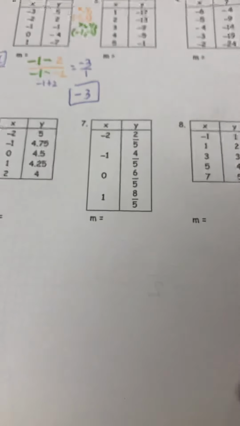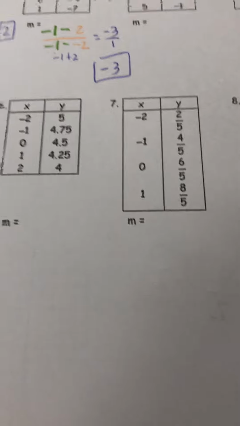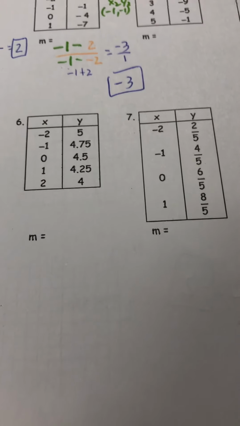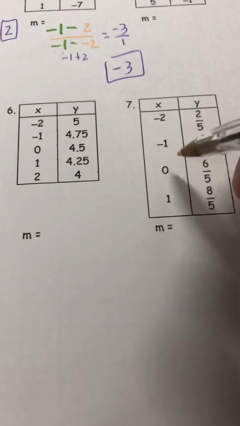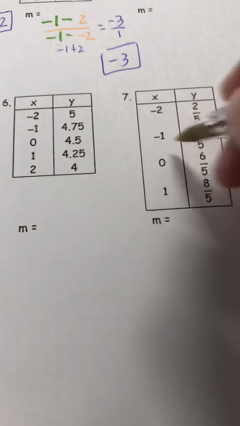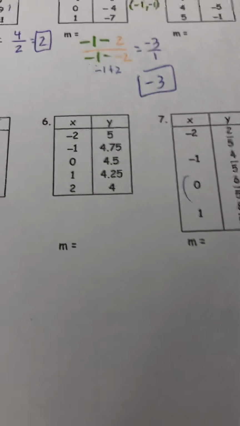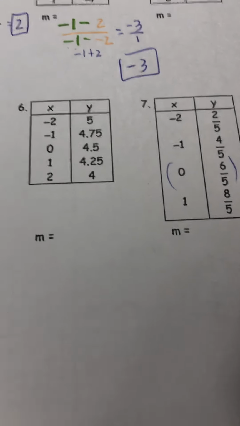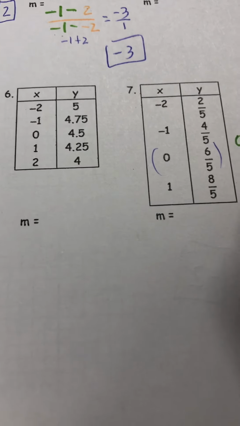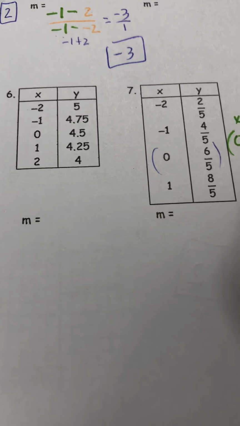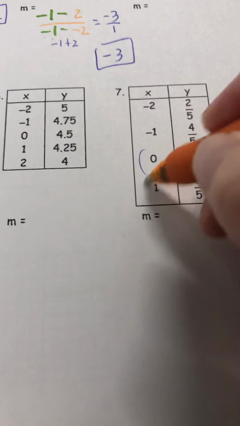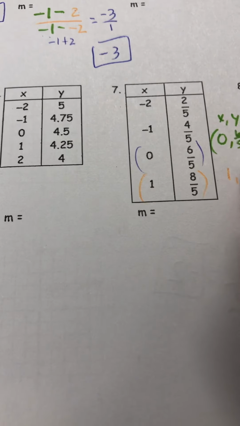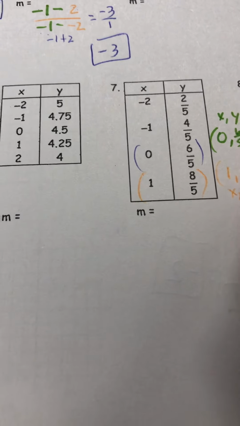Let's try this fraction one now, because that tends to be the one that students just do not like. So I've got 0 and 6/5, that's my x1, y1. And 1 and 8/5, that will be my x2, y2.